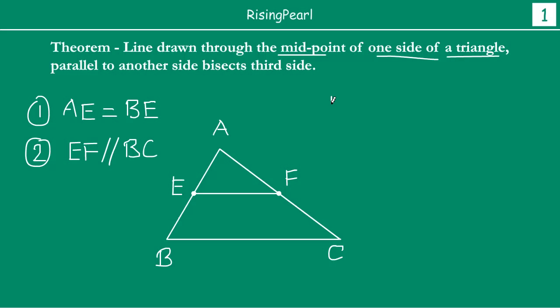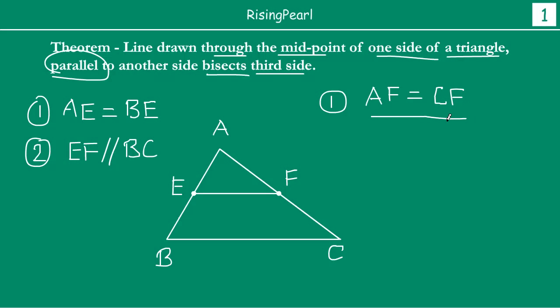Now what we have to prove, friends, is that this line touches AC at F. The theorem says that the line drawn through the midpoint of one side parallel to another side bisects the third side. So this line is bisecting AC. That means AF is equal to CF, or simply F is the midpoint of AC. This is what we have to prove.